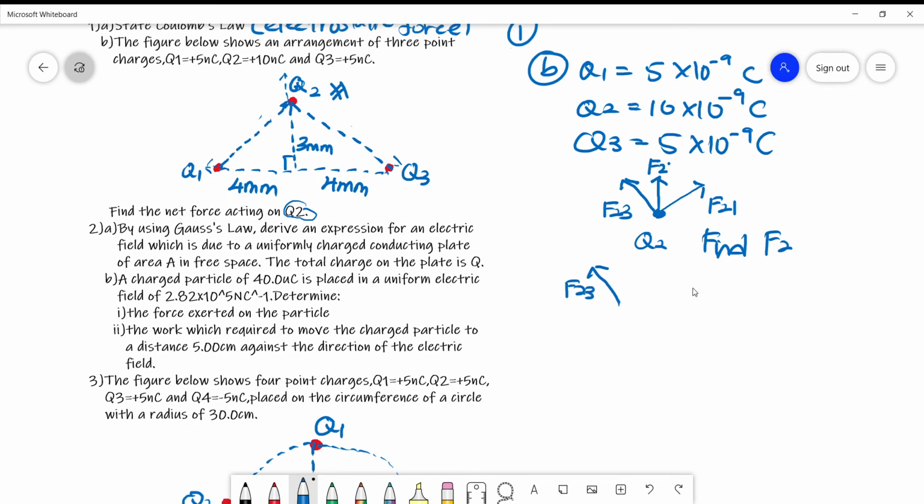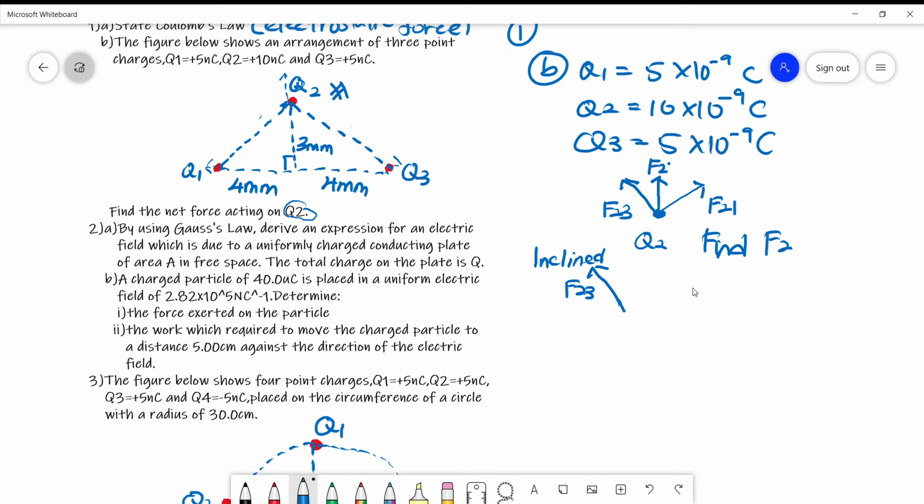Since this F23 is in inclined form, it is not steep. It means that this F23 is a resultant force.